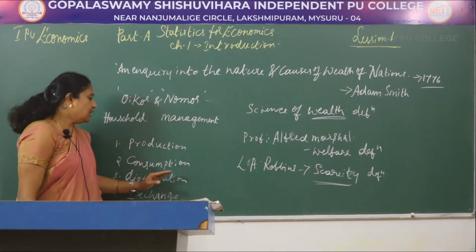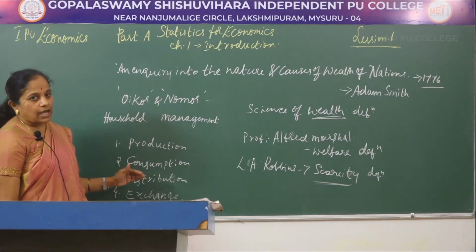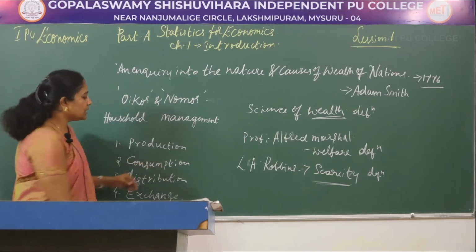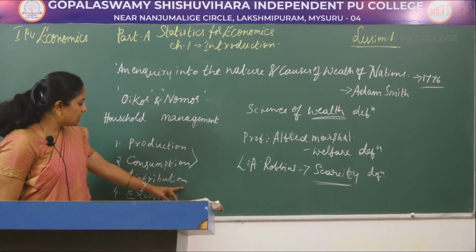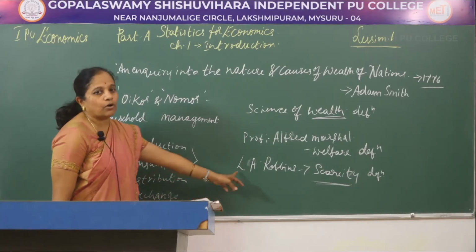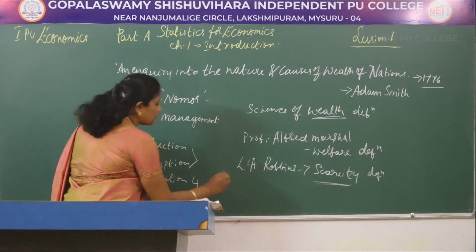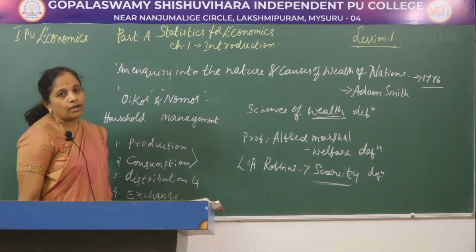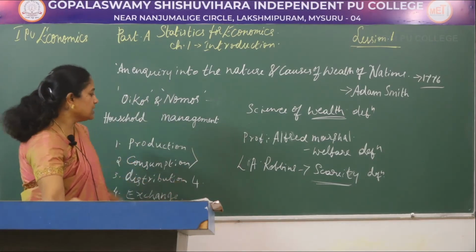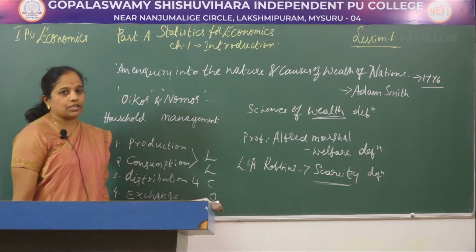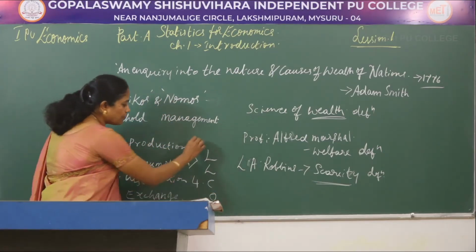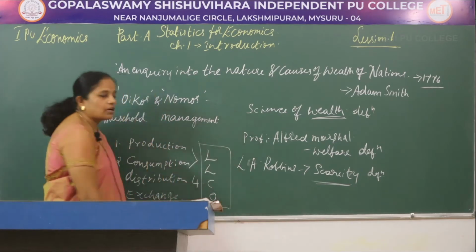As well as here, the national income is arrived at from the income generated from these two sectors, and this national income is distributed among the 4 factors of production. You all know that there are 4 factors of production: land, labor, capital and organization. For all these 4 factors, we have rewards also.